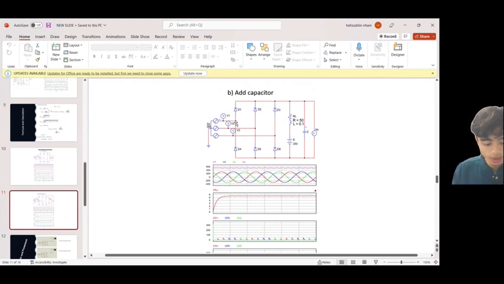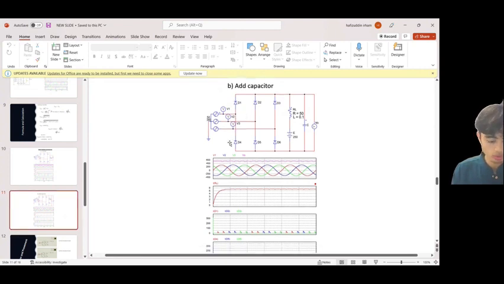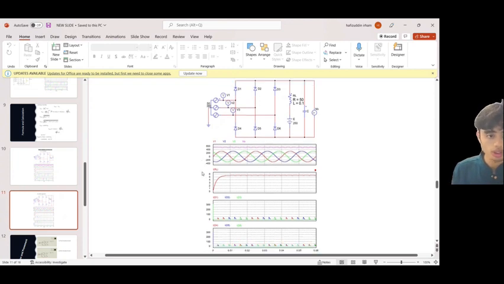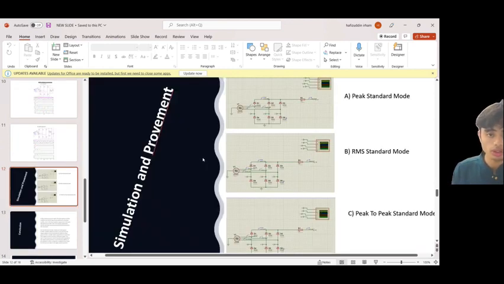If the capacitor is put in parallel to the output of the rectifier, which is the load, the output waveform will become smoother due to the capacitor's ability to charge and discharge, and in addition, the advantage of the three-phase special form of circuit will make the ripple of the output become small. Now, we're going to take a look at simulation and improvement.